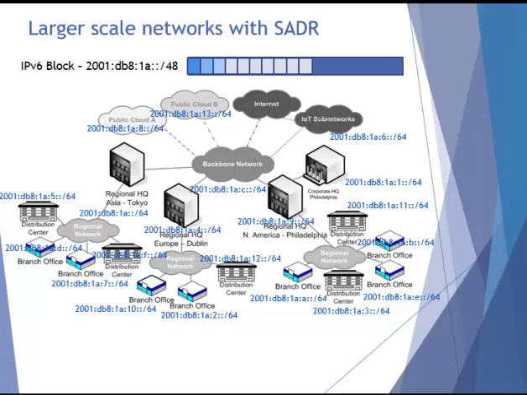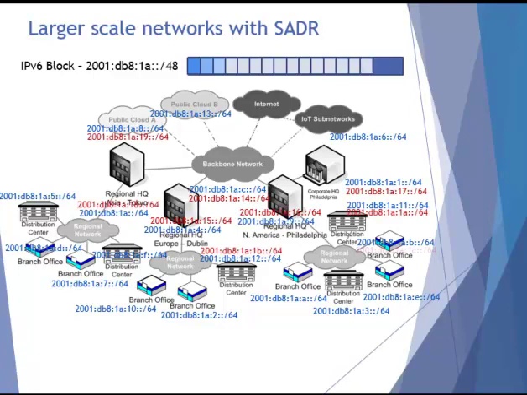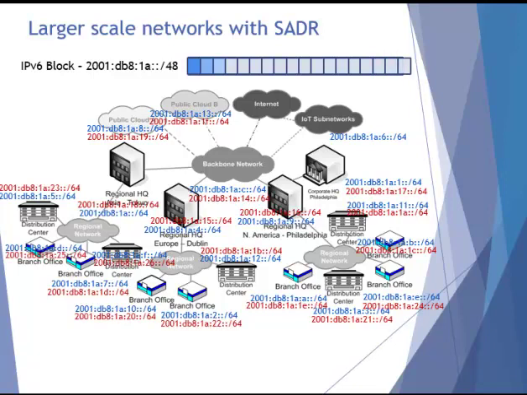So let's say I want to allocate a separate set of address space because I need to configure my routers to be aware of not only the destination address for routing of a packet, but I also need to look at the source address with respect to how to treat the packet going through the processing of each router along the way. So here I actually end up with a pair of subnets in each location.